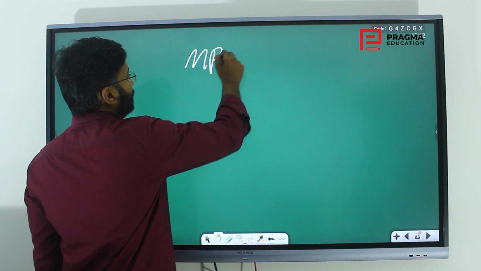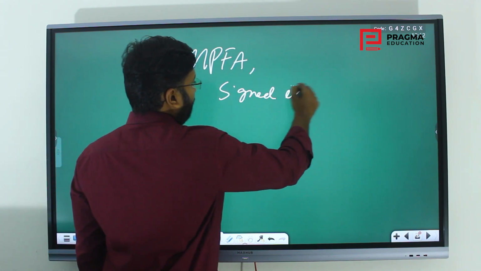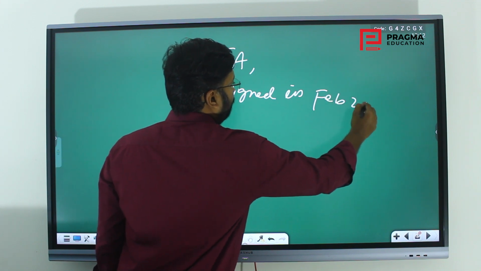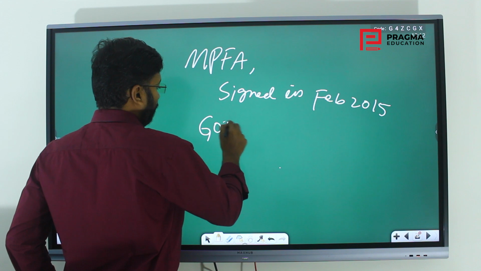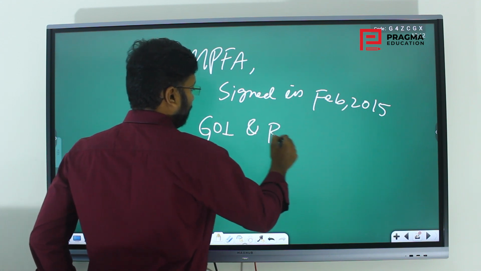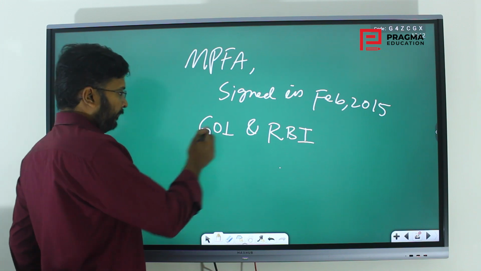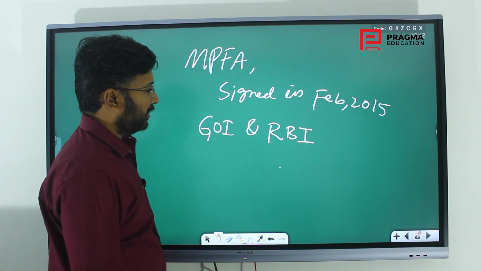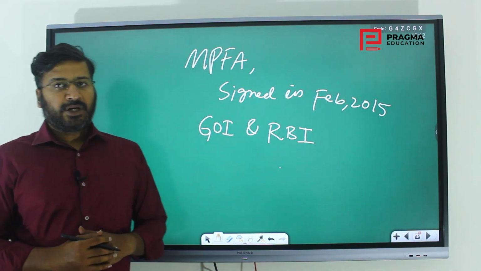So when was this signed? The monetary policy framework agreement was signed in February 2015 between the Government of India and the RBI, the Reserve Bank of India. So what is written in the monetary policy framework agreement?